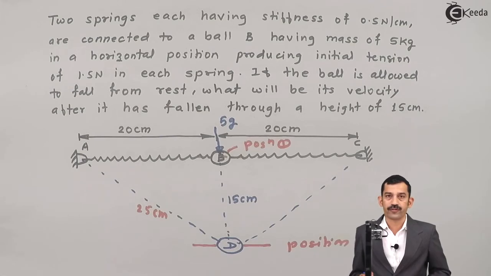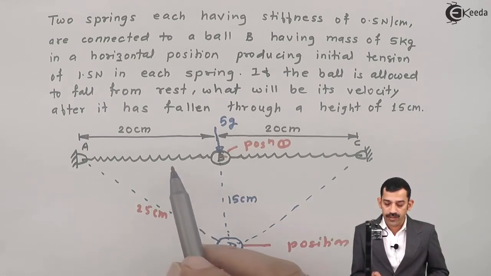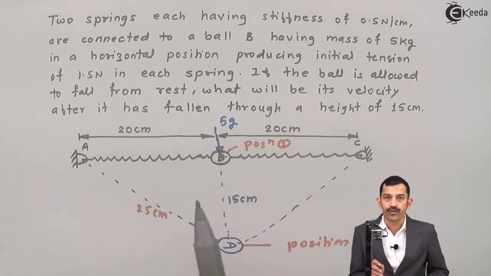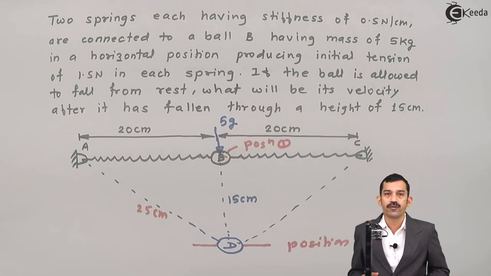To find the work done by spring forces, we use the formula half k times x1 square minus x2 square. X1 and x2 are ready now. But when you apply the work energy principle, you have to note that the number of springs is 2, therefore the work done by spring force becomes twice into half of k times x1 square minus x2 square.